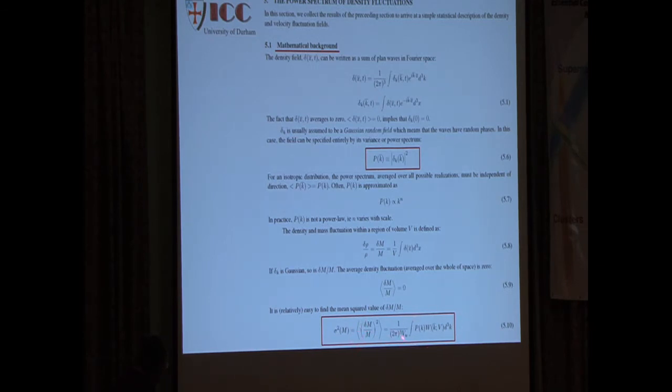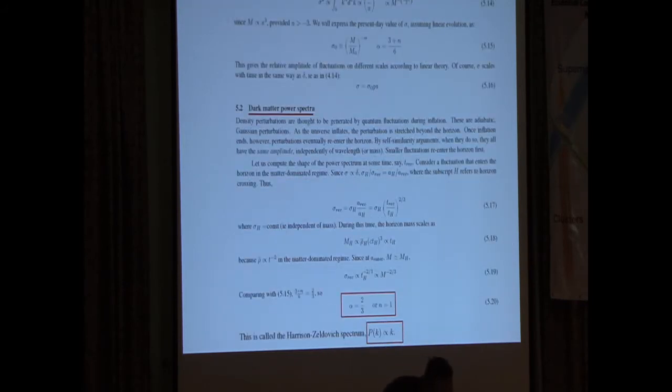It's just an integral over the power spectrum, and that's what I call sigma squared. So these two quantities are going to appear quite regularly in the next few minutes. So P(k) is the power spectral density, and sigma squared is the variance in the mass fluctuation integrating over all k's.